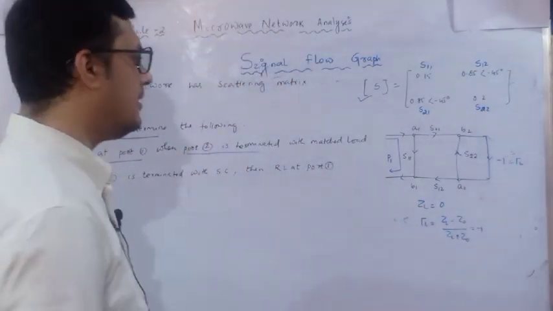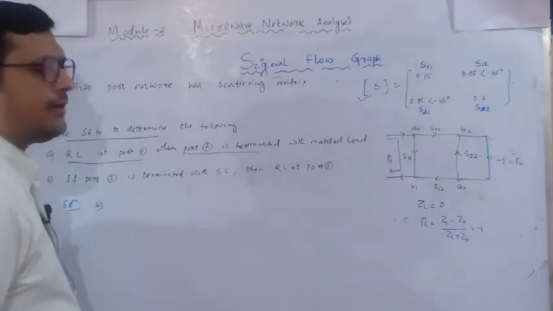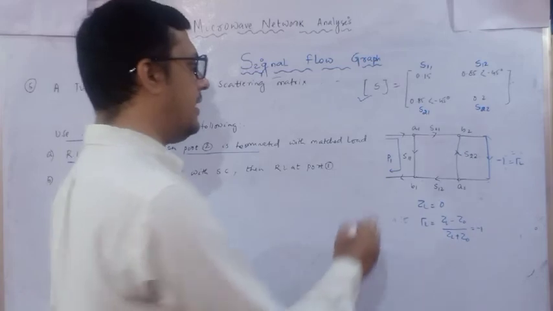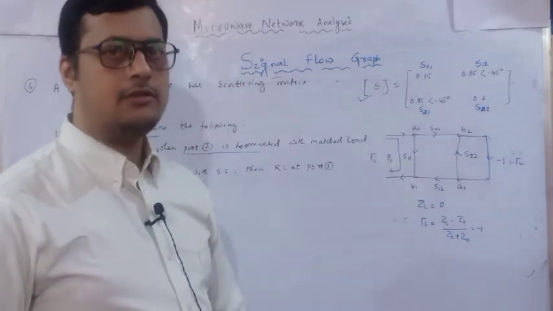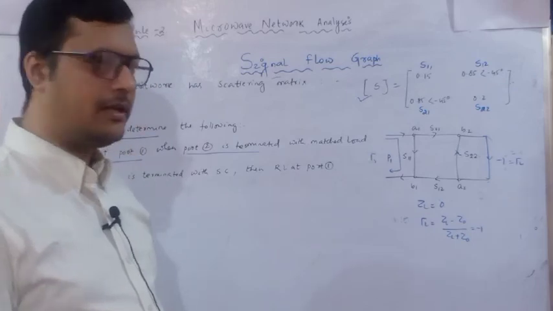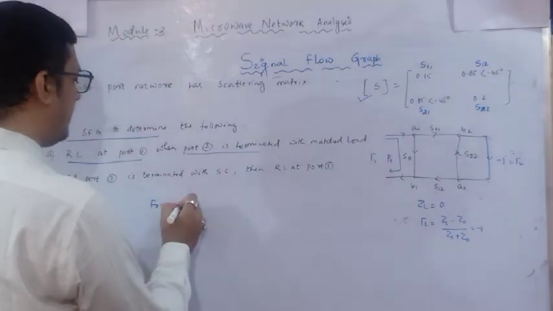Done. Now again we have to identify the return loss at port 1. Return loss means again we have to identify eta 1. For that we again use Mason's gain formula. Forward path: how many forward paths are there?